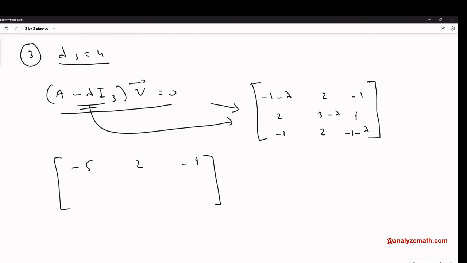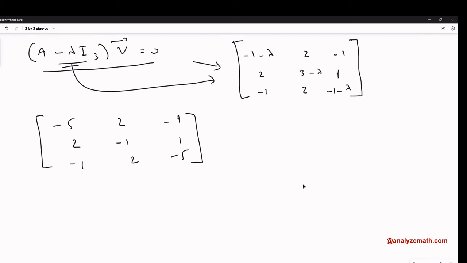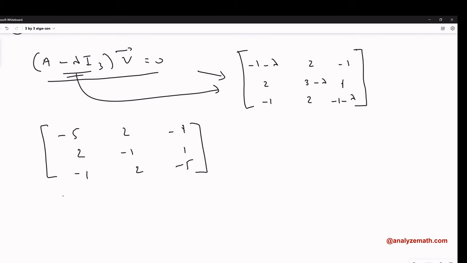Negative 1, and then 2, negative 1 here, and then 1 here, negative 1, 2, and negative 5. Good. Now again, we create the augmented matrix: 5, 2, negative 1, vertical line, the zeros here, 2, negative 1, 1, negative 1, 2, and negative 5.